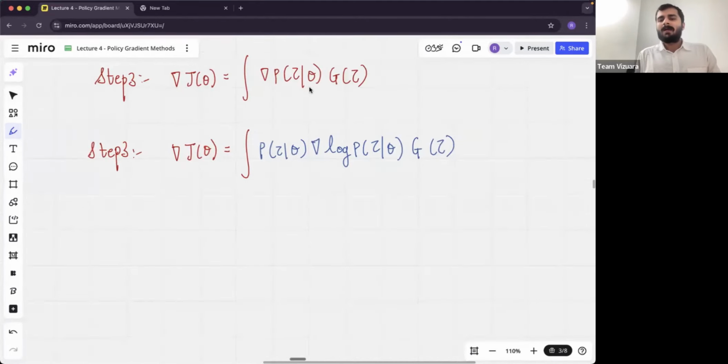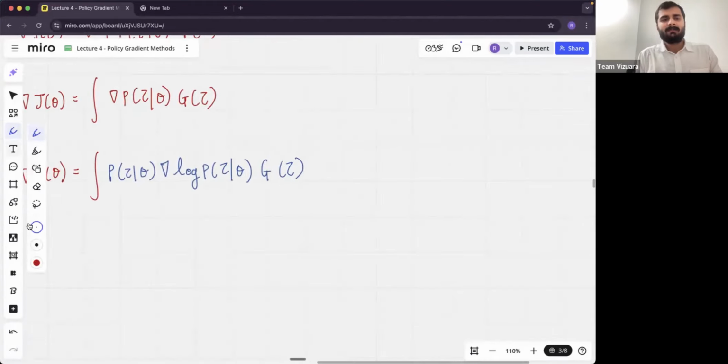Now, how is this equivalent to this? Let me give a simple example of that. Let's say we have P of x here. So gradient of P of x equals gradient of log P of x into P of x.